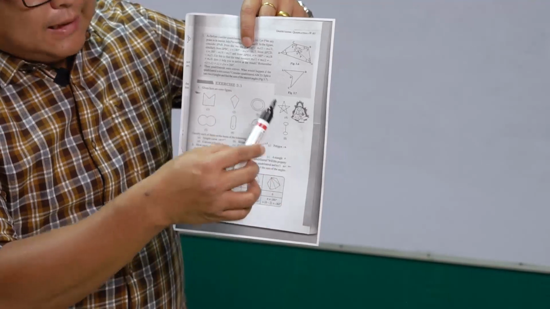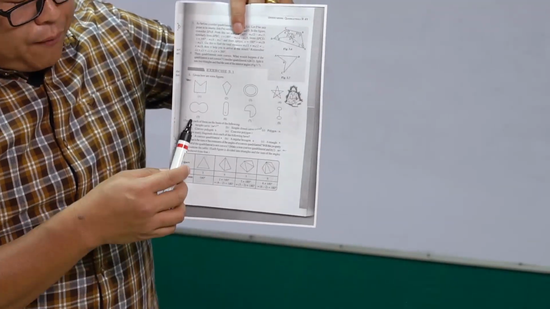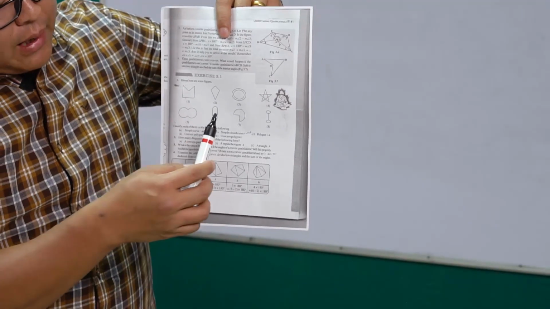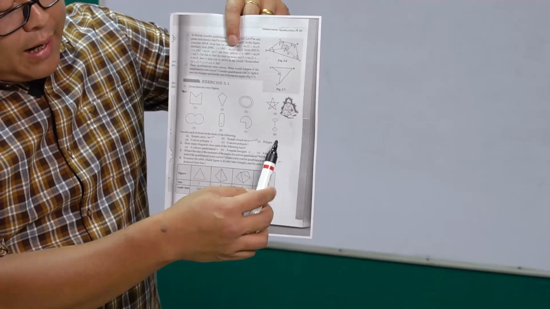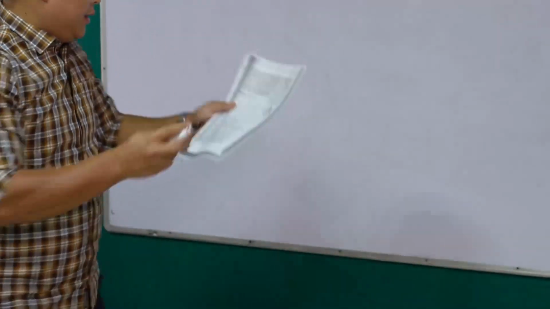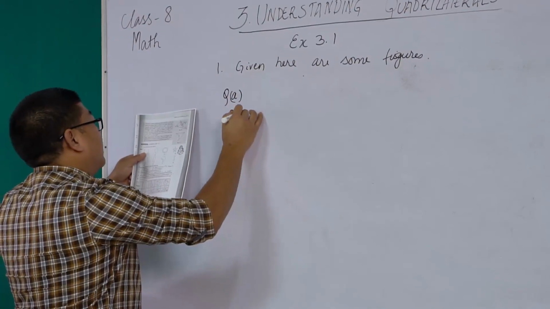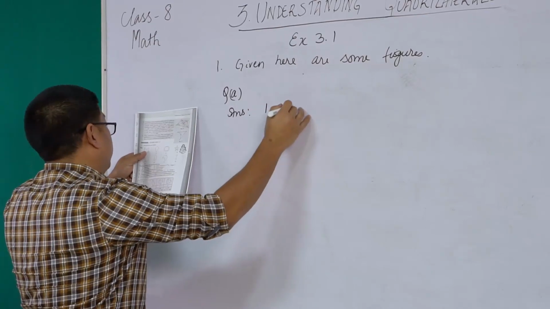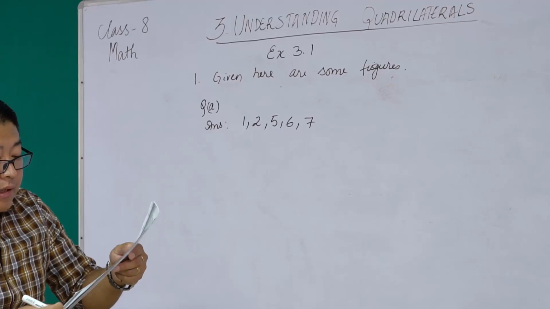Number 4, this is a complicated figure, we cannot call it a simple curve. Number 5 is a simple curve. Number 6 is a simple curve. Number 7 is a simple curve. Number 8 is also not a simple curve. So let me write down the answers. Question A, answer 1, 2, 5, 6, 7. These are all simple curves.